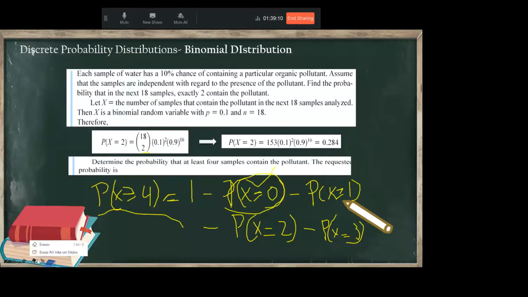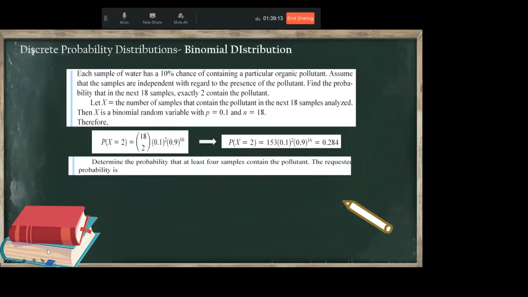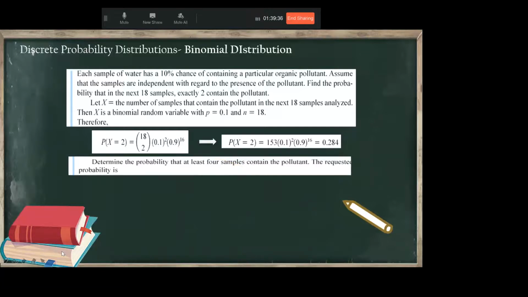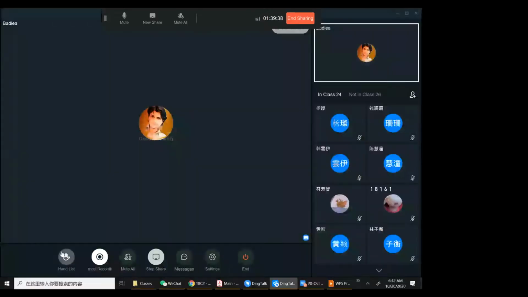Here you can have X as 0, 1, 2, 3, and so on up to 18, and then probability of X equal to x, and then put the same formula here. When X is 0, it's this one. When X is 1, it's this one, and so on. Right? So that's how you determine the probability distribution function. Do you understand this? You're not replying to me.